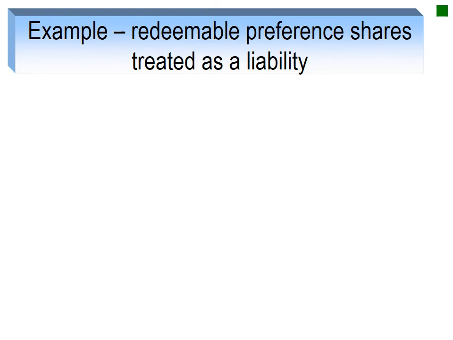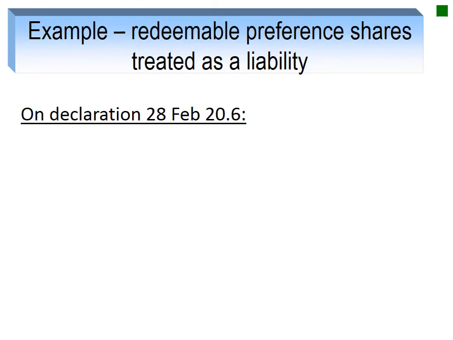So when redeemable preference shares are treated as a liability, at the date when you declare the dividend on the preference shares, instead of debiting dividend on preference shares, you're going to debit interest expense, which is an expense that's going to go onto the statement of profit and loss as part of finance costs.